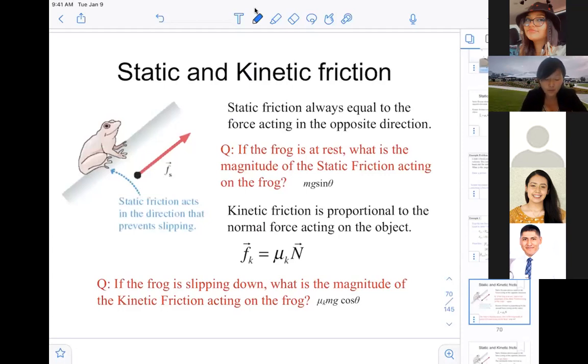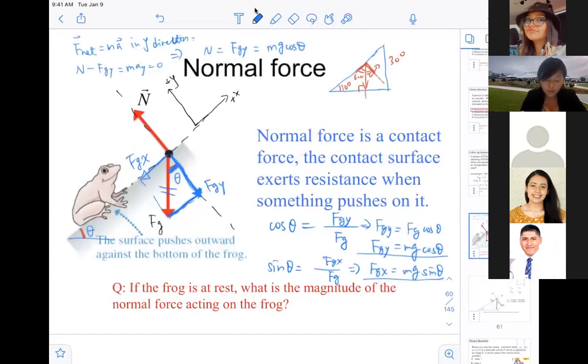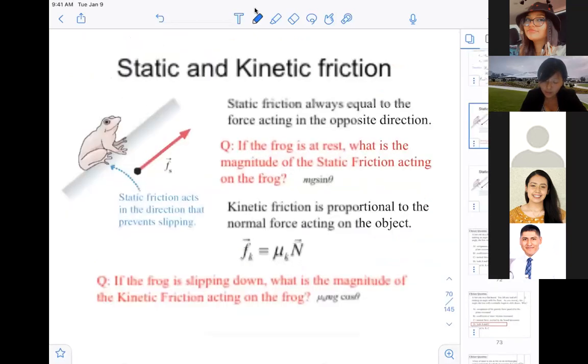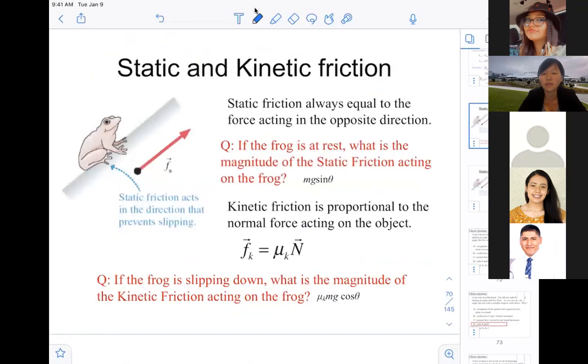So we have done this before. The force sliding down the ramp is mg sine theta, as we did here, okay? So F_g,x, the component of gravity along the ramp, is mg sine theta. To prevent slipping in that direction, you need to provide a static friction that is in the exact same magnitude but opposite direction.